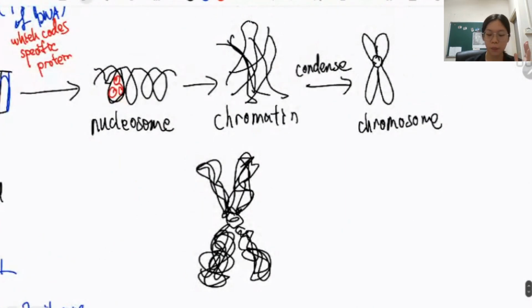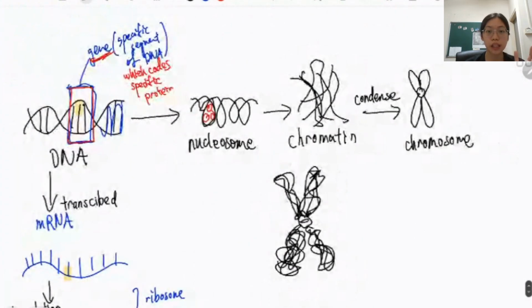In most situations, the DNA in the nucleus of our cell is in the form of chromatin. It's not in the form of chromosome, because it will only form a chromosome when it is going to divide, because it wants to divide in a more organized manner, and then it will condense.